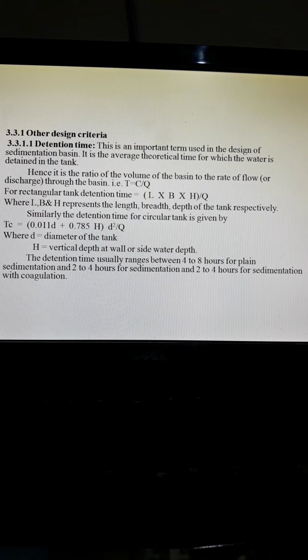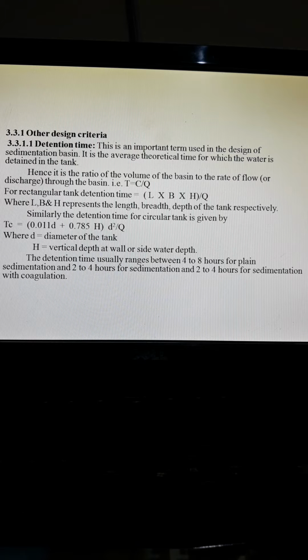It is the average theoretical time for which the water is detained in the tank. Hence it is the ratio of the volume of the basin to the rate of flow or discharge through the basin. We know that the volume or capacity of the tank is nothing but the product of the flow or discharge multiplied by the time.